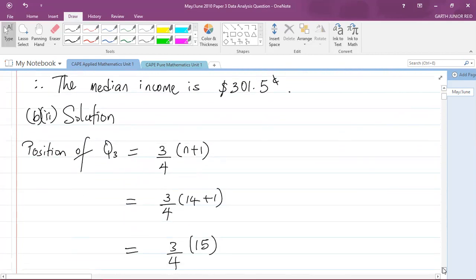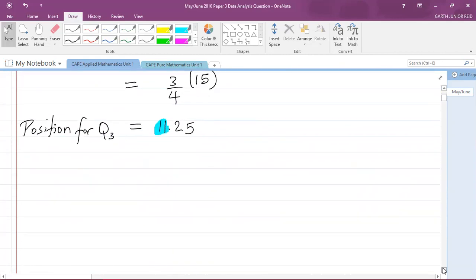So what I'm going to do now is say Q3, which is the upper quartile. The upper quartile is going to be equal to the 11th position that I identified above, which is 435, plus, now if you look at the value here, 11.25, we know that 11.25 can be represented as 11 plus 0.25.